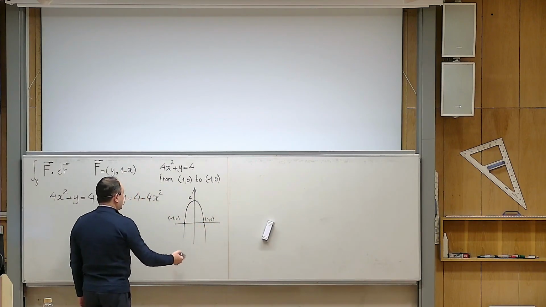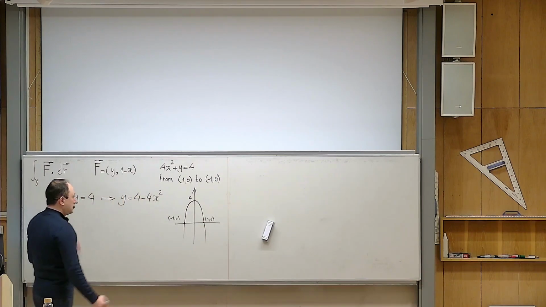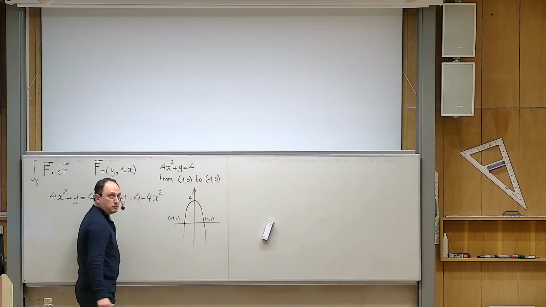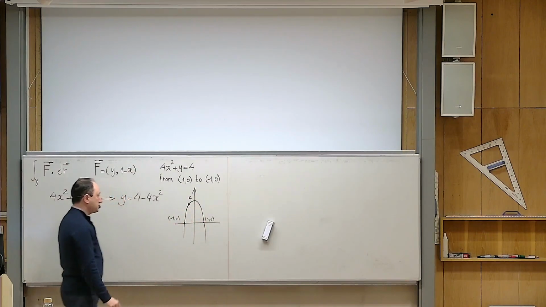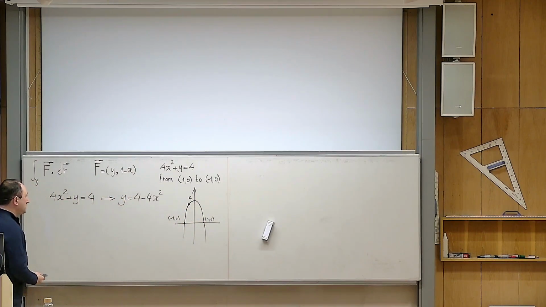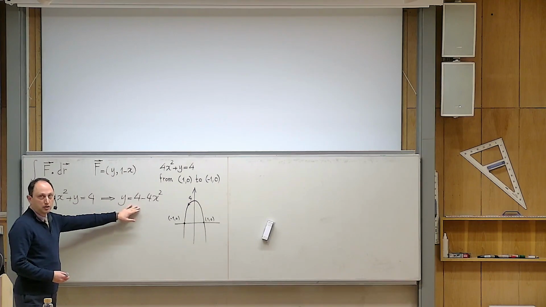We are supposed to calculate this integral when this trajectory is traversed from this point to that point. So that is the direction of my moving. Okay, the first thing we have to do for calculating this line integral is to parameterize my curve.